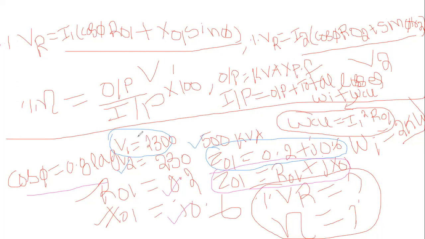This is the given data, the terms to be determined, and the formulas: percentage voltage regulation, percentage efficiency, output, input, and total losses. Total losses are Wi plus W copper losses, with copper losses I1 square into R01.